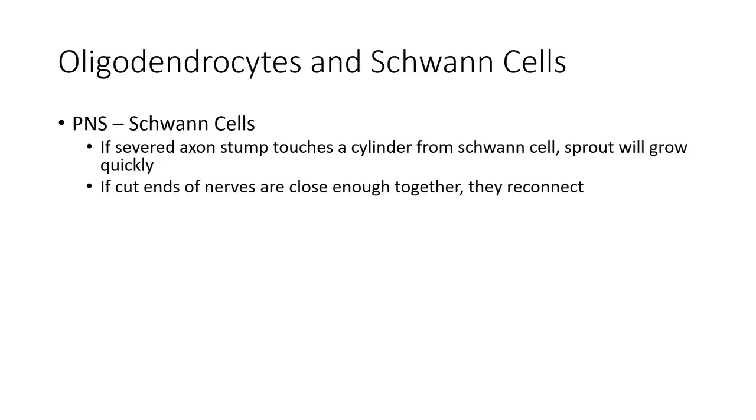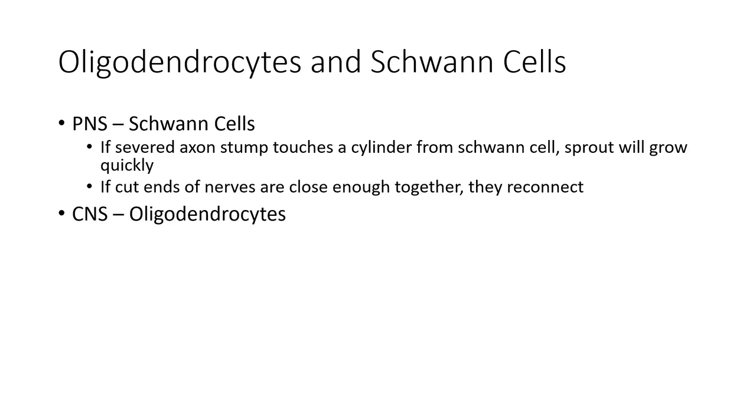And if the ends of axons are cut, but they're close enough that they can touch in the peripheral nervous system, the Schwann cells can help them reconnect. So basically what this tells us is that if there is damage to the peripheral nervous system, it can possibly be repaired. The Schwann cells can help repair these connections and repair these axons.